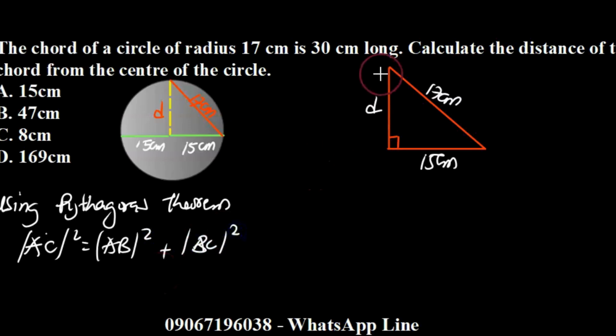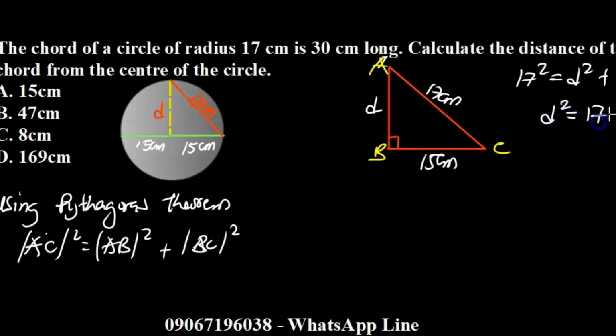So let's call this A, let's call this C, and let's call this B. Using the rule, this is going to become 17 square is equal to d square plus 15 square.